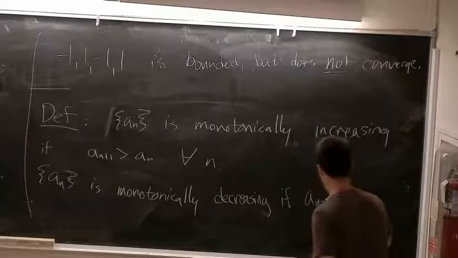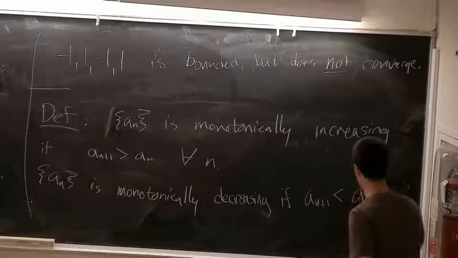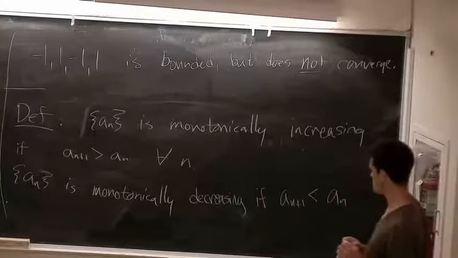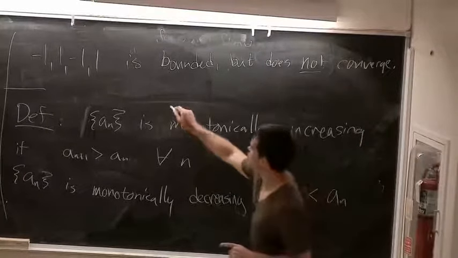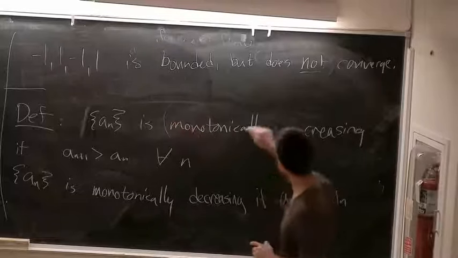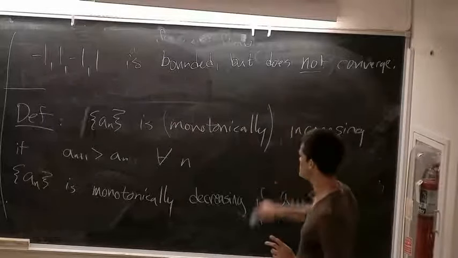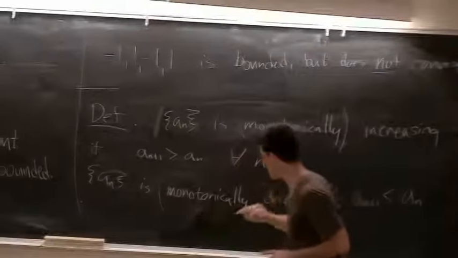So that's when a_{n+1} is always less than the term before it. A note about terminology: we don't always use the word monotonically, so I'm just going to put this in parentheses. Sometimes we just say decreasing or increasing.